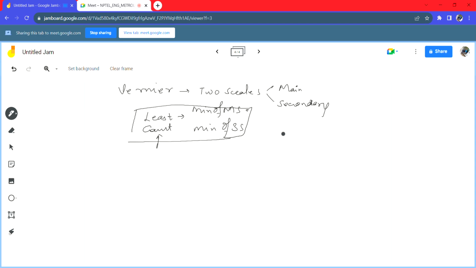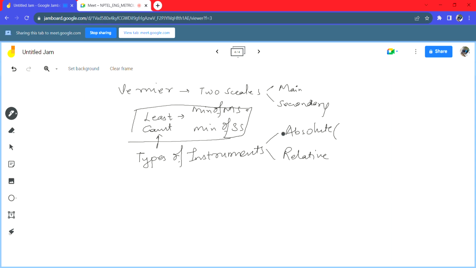Now, this is where we can classify our instruments into types. One can be absolute devices and the other can be relative devices.